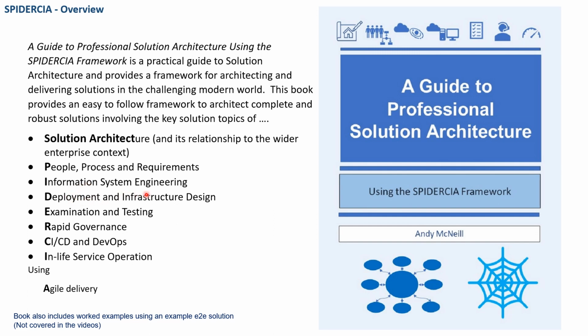Deployment and infrastructure is how applications are deployed, how to test and examine the solution, how to provide a governance framework around requirements fulfilled, the risk management, etc., how to automate the solution using modern practice, such as CI/CD and DevOps, and how to operate the solution in life, all with a mindset of agility using Agile delivery frameworks.